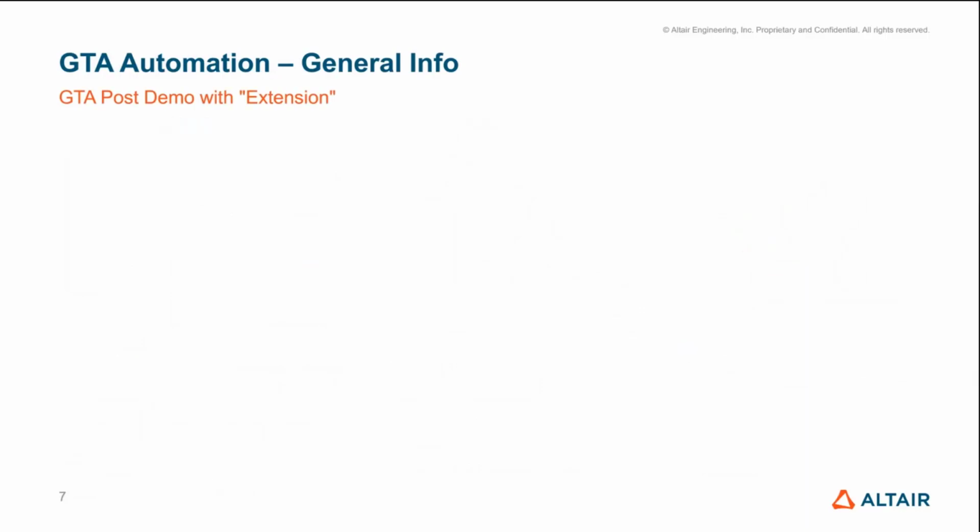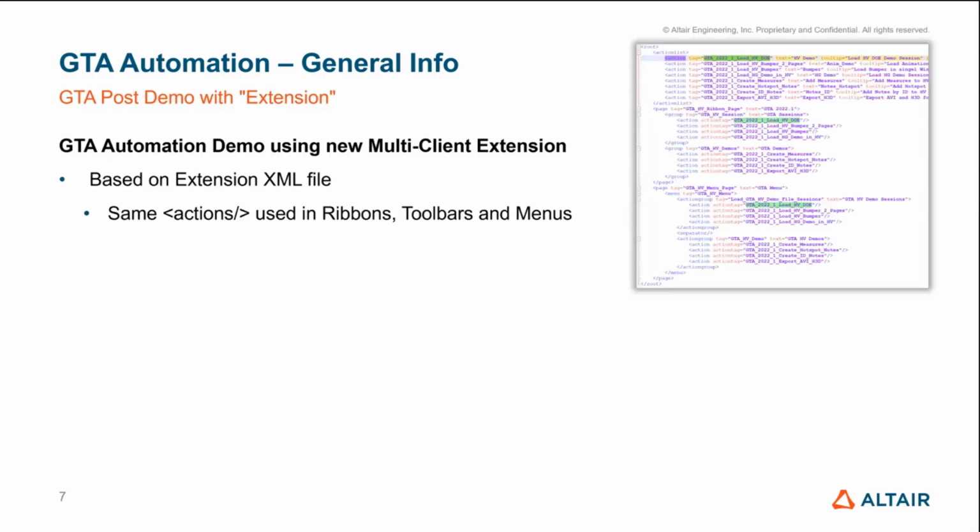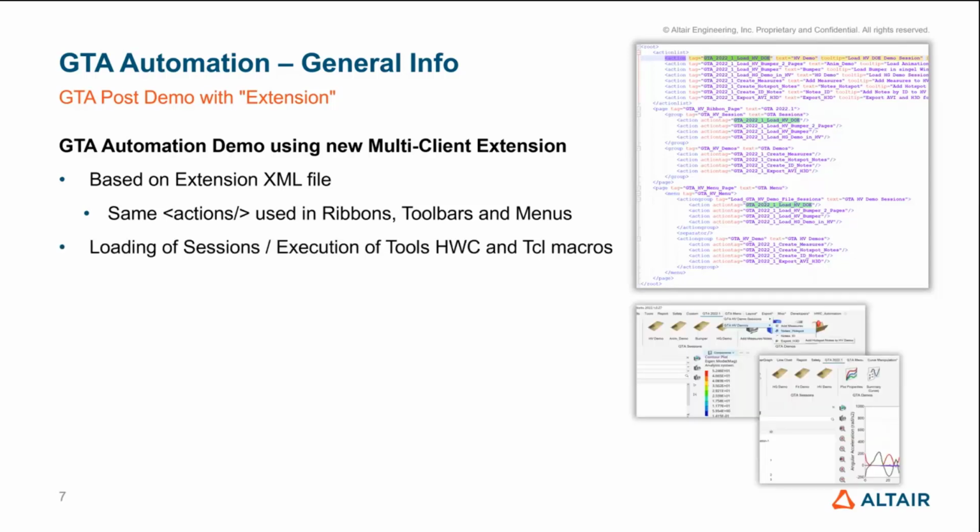So this demo is based on extensions, the new multi-client extensions. The extension is based on the XML file, as you see here, and this extension contains actions, and they can be used in ribbons, toolbars, and menus.